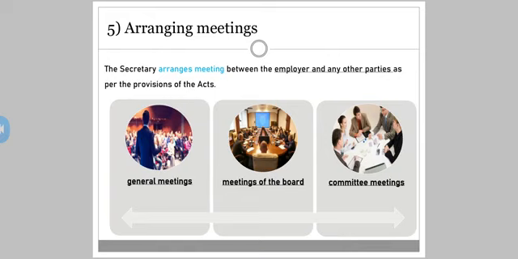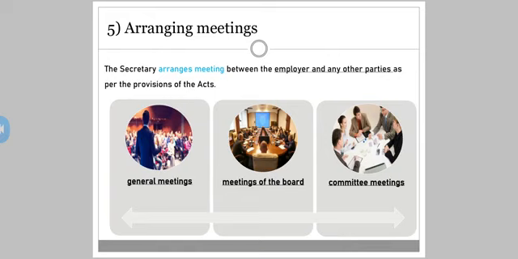So, keeping those points in mind, the very first meeting is the general meeting. General meeting is basically the annual general meeting, a meeting which is held once in a year of a company, that is the shareholders meeting. All these different kinds of meetings you are going to study in detail in the coming chapter.